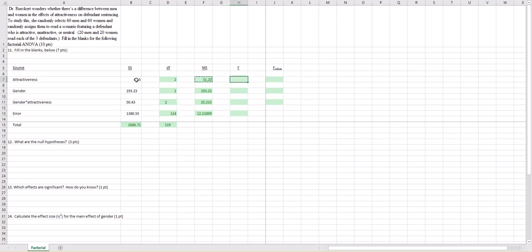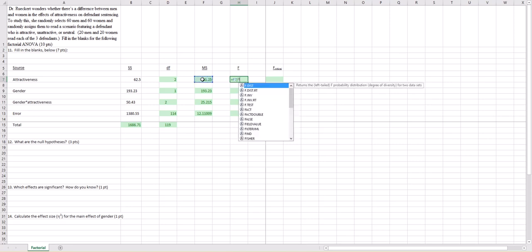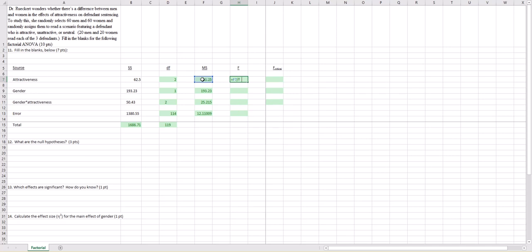Now what's different here is we are always going to calculate F obtained by dividing it by our error. We now have 3 F values.